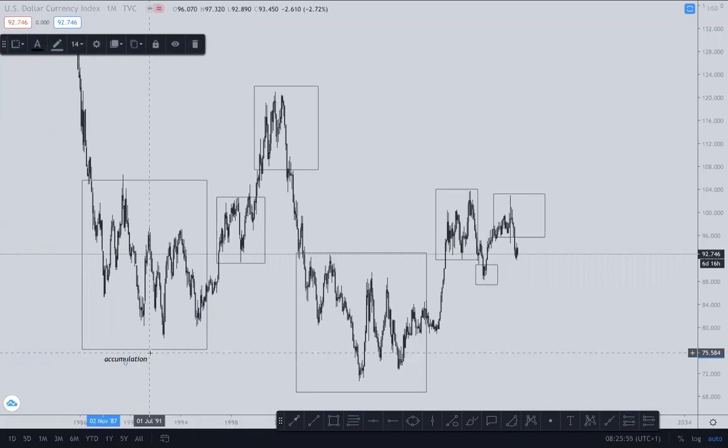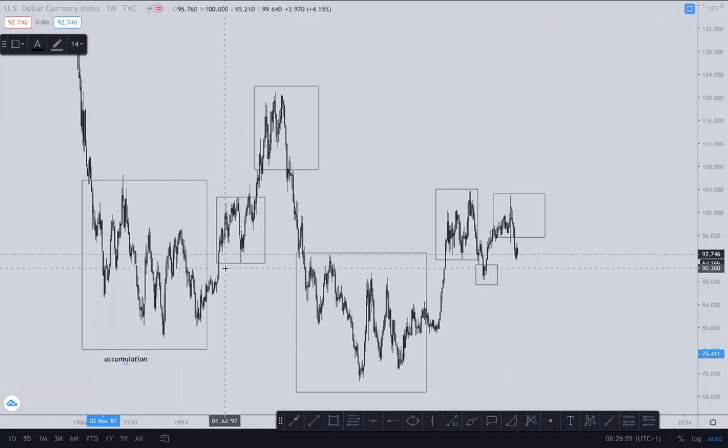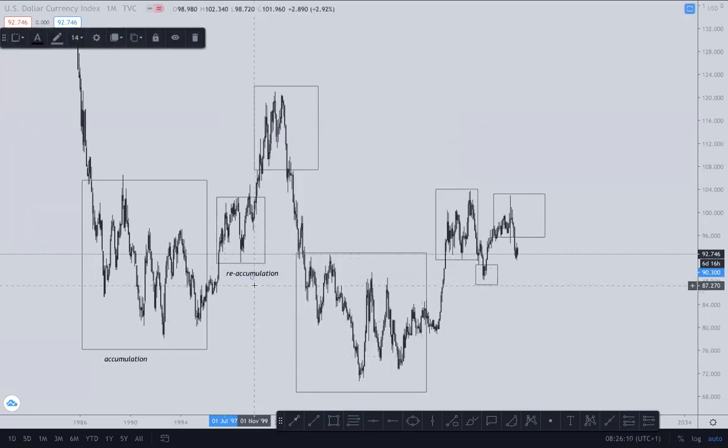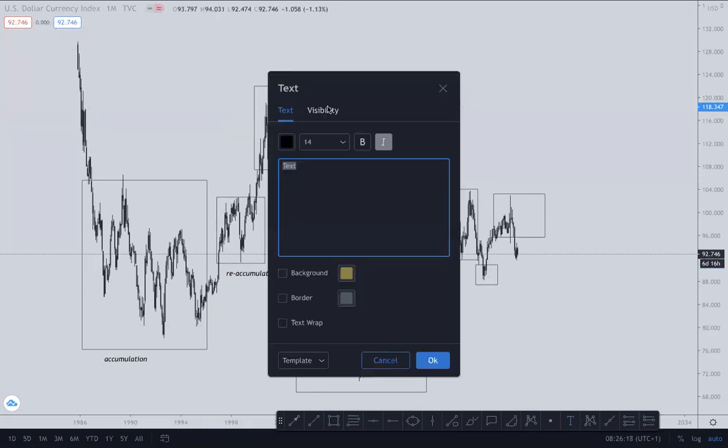If I see any box in the middle away from accumulation, that becomes my reaccumulation. And if I see a box at the very top, that becomes what? In the chat box, tell me. Distribution, thank you very much.